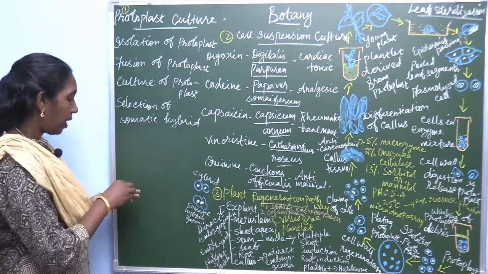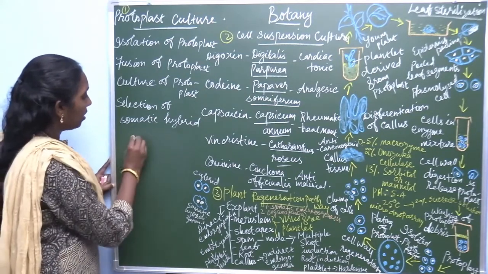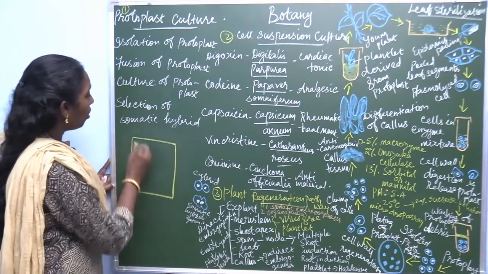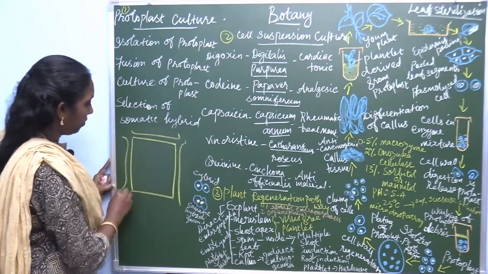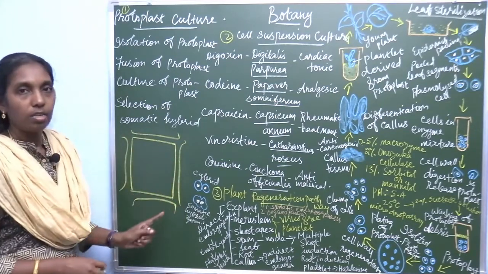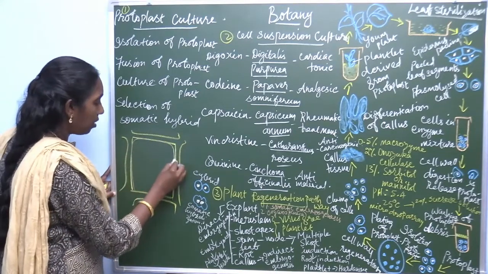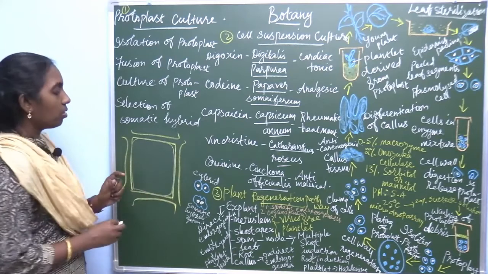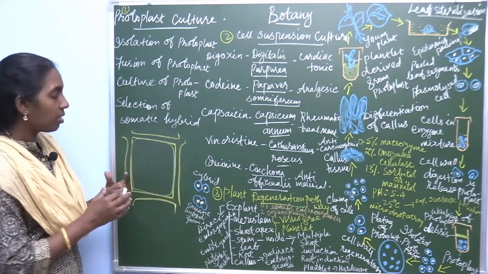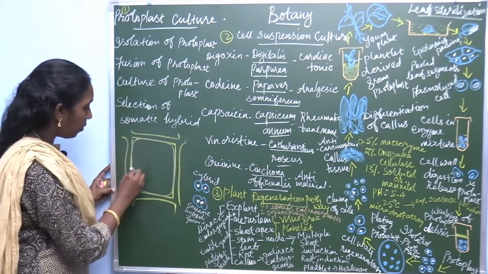So, if you take a plant cell, this is the plant cell which contains cell wall. Inner to this there is a plasma membrane. So, protoplast starts from this plasma membrane.